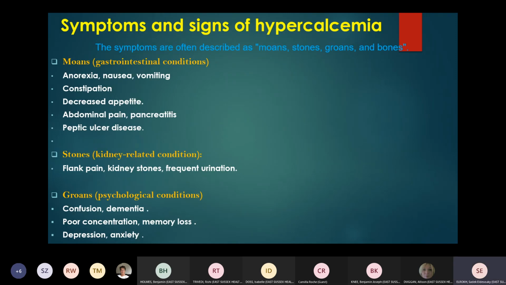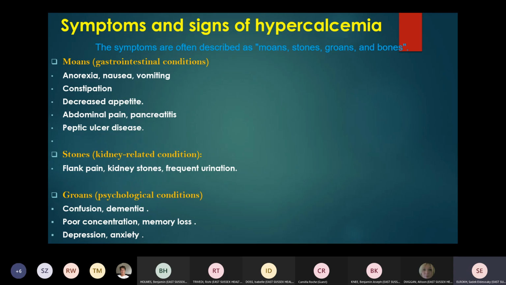Symptoms and signs of hypercalcemia. Again, it's easy actually. We have an abbreviation which makes it very easy, which is moans, stones, groans, and bones. Okay. Moans are gastrointestinal symptoms, including nausea, vomiting, constipation, decreased appetite, abdominal pain, pancreatitis, and peptic ulcer disease.